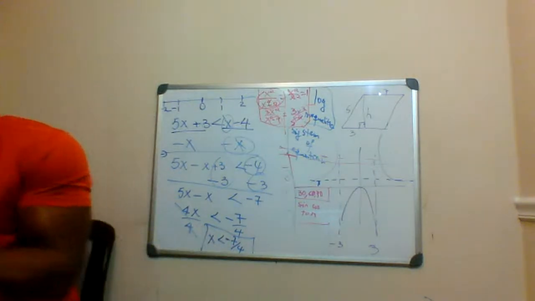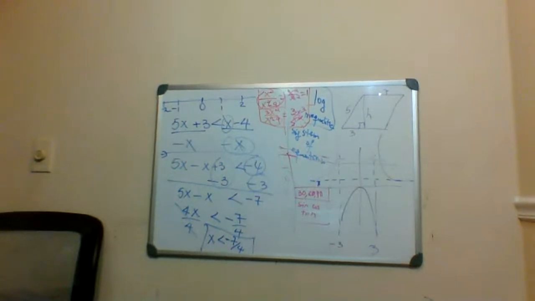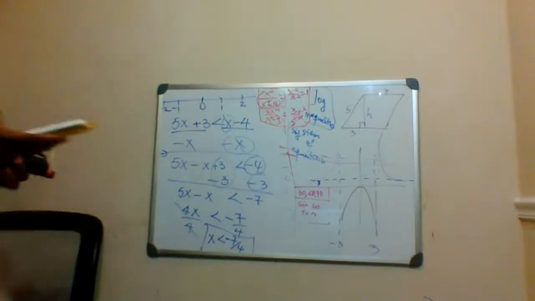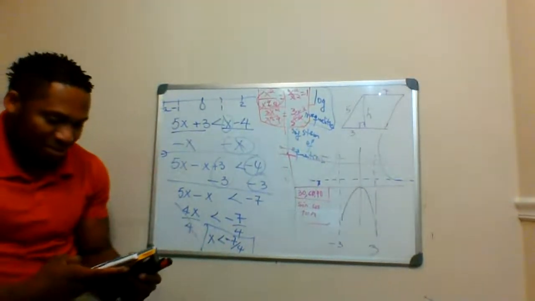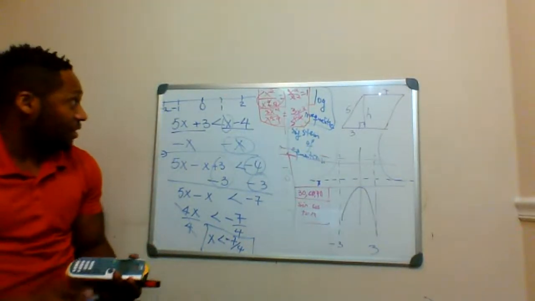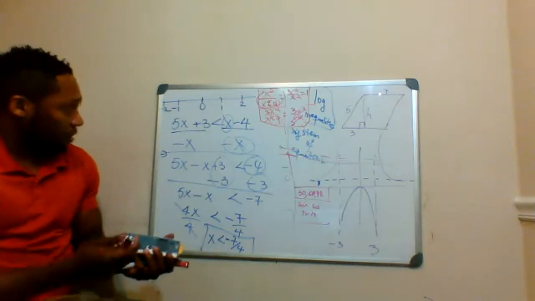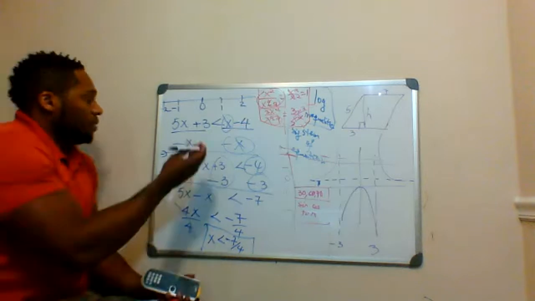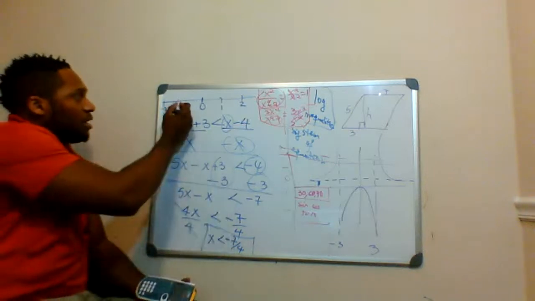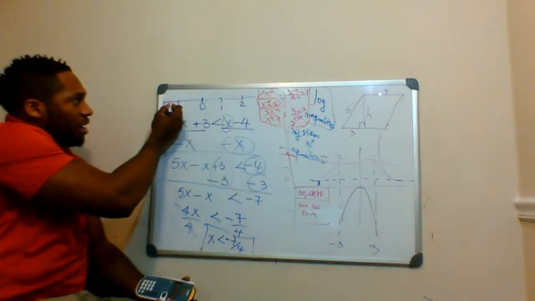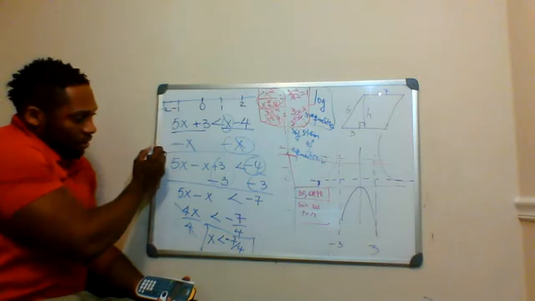Let me get my calculator, 1 second. All right, negative 7 over 4, 7 divided by 4, 1.75. Negative 1.75, so it's between negative 1 and negative 2, less than.